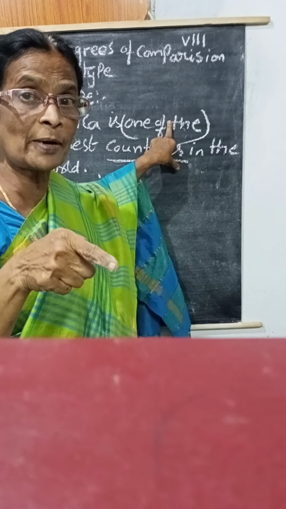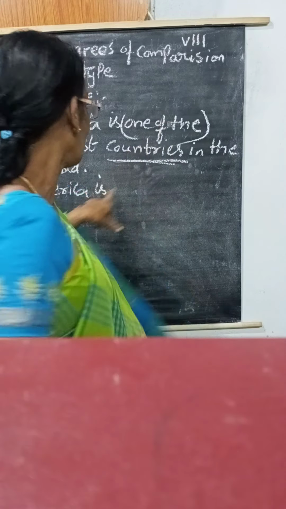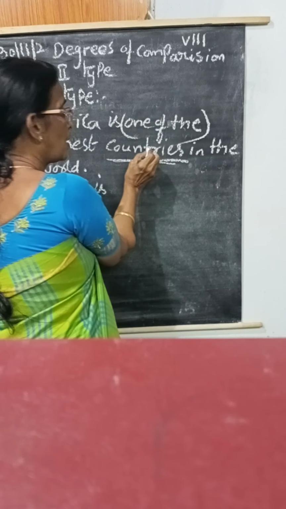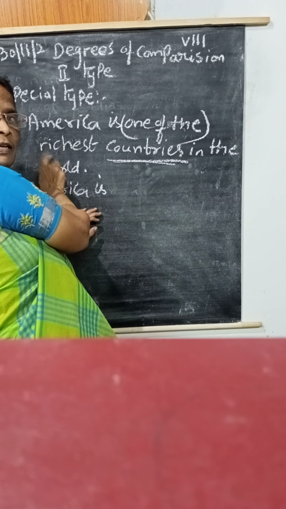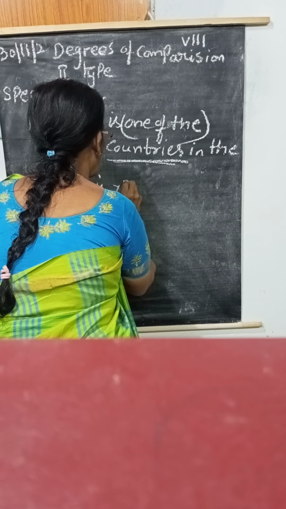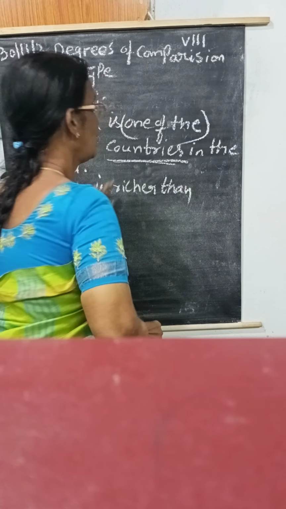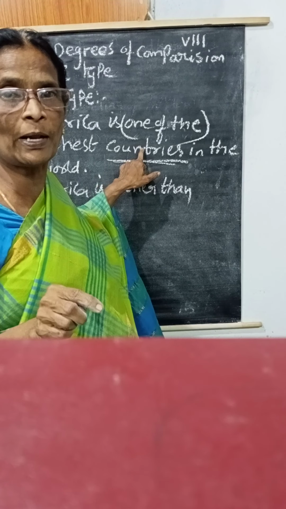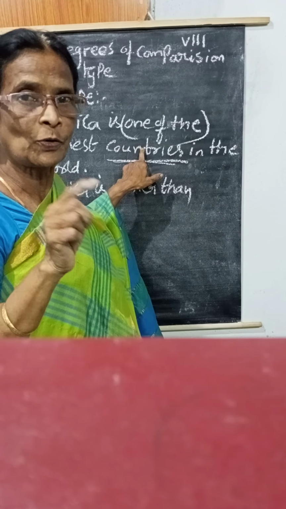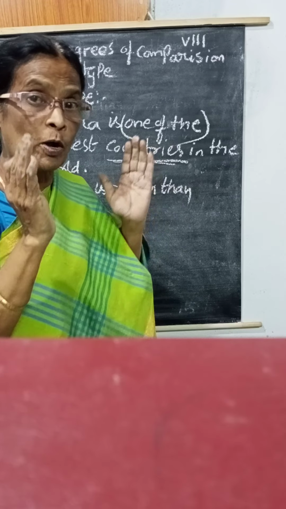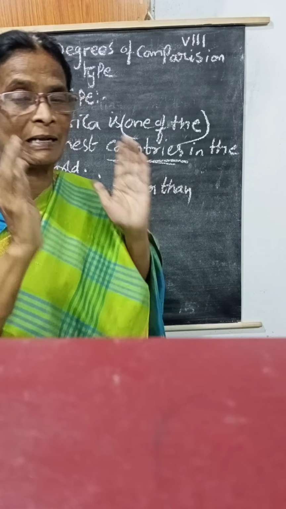What is the common clue in the comparative degree? Than, but not the. America is, what is the comparative degree of richest? Richer. Than is the common. When there is a plural, not only America, but many more are there.